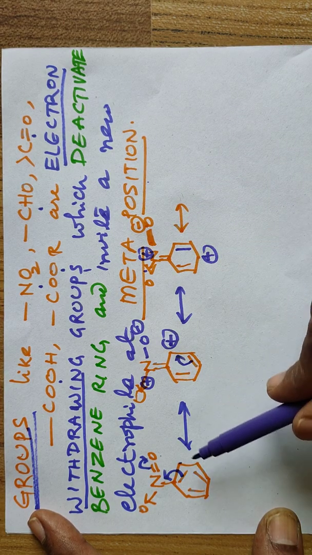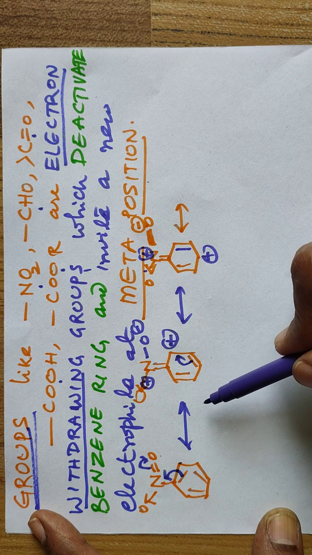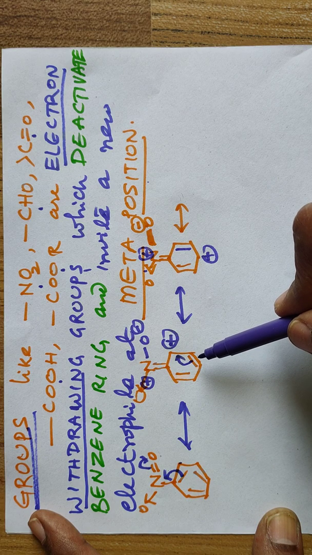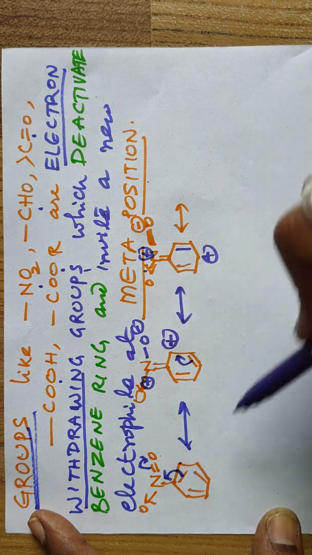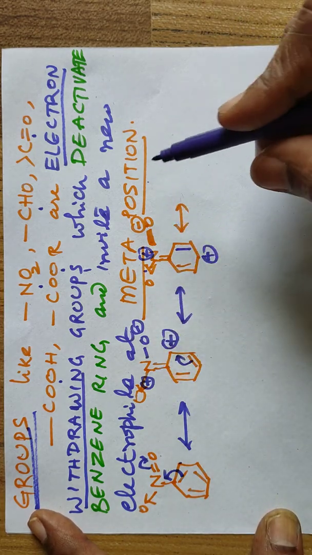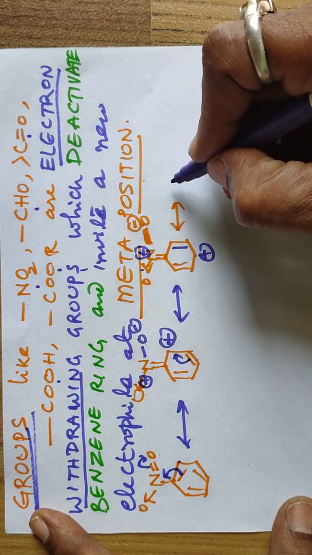Resonance means the relative positions of atoms are not changed. Sigma and pi electrons and lone pairs are changed, but they are in the same number. That is the condition of resonance.